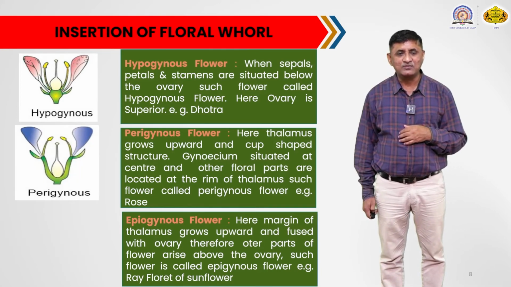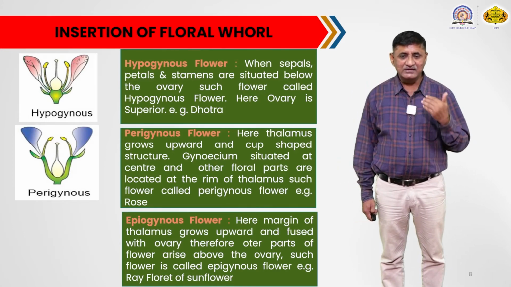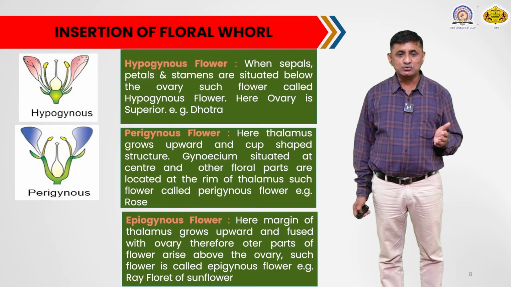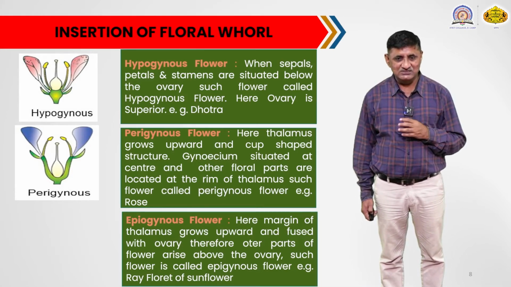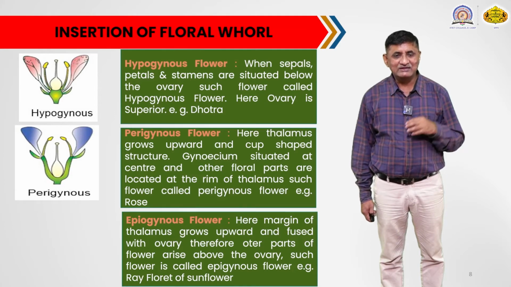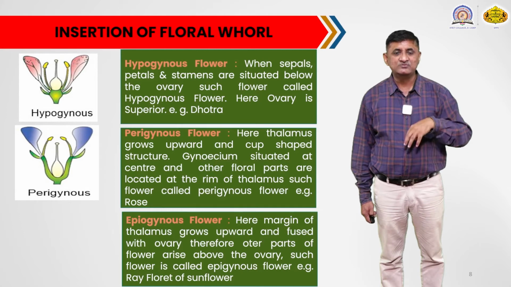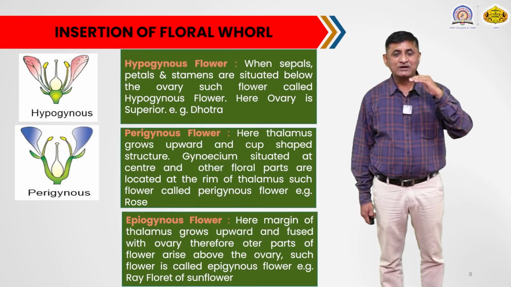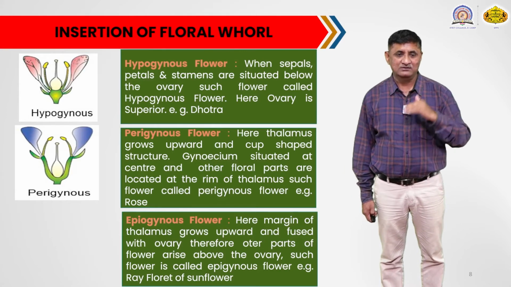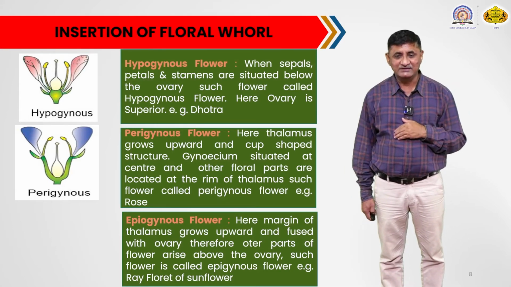Now, the second kind of flower, you can see in this second image. Here the thalamus grows somewhat upward, forming a cup-shaped structure, and at the center of this cup-shaped structure the gynoecium is situated, and the margins of the thalamus are extended higher.